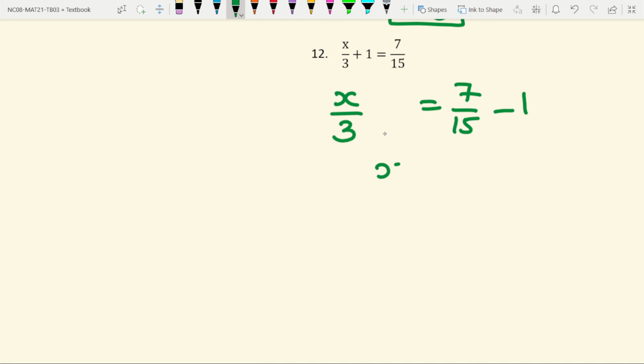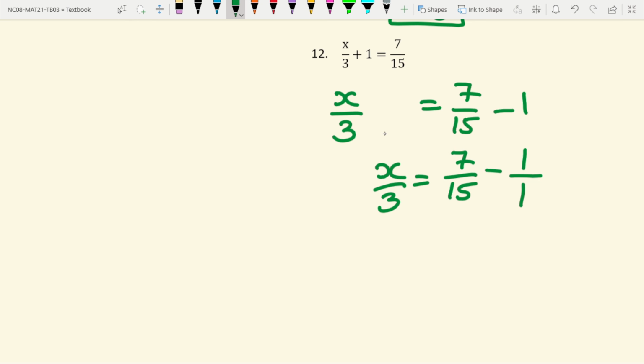So the equation is x by 3 is equal to 7 by 15 minus 1. But because 7 by 15 is a fraction, we have to convert 1 also into a fraction. So we can write 1 as 1 by 1. In order to subtract or add fractions, the denominators should be the same, but here the denominators are different.